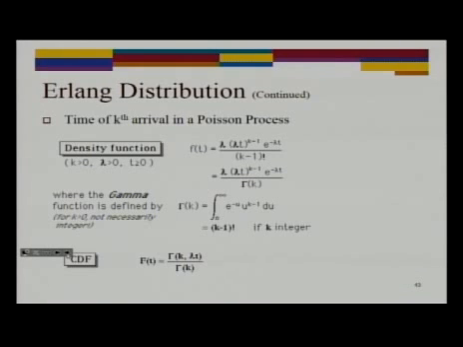In the Erlang distribution, k takes an integer value, but for the gamma distribution, k takes a real value. That's the only difference.